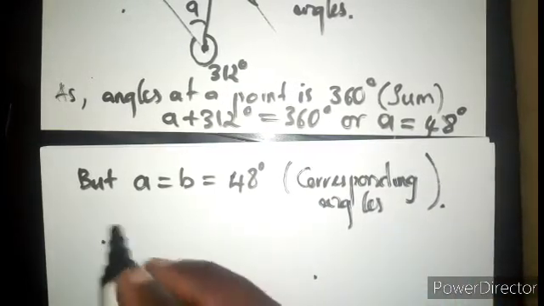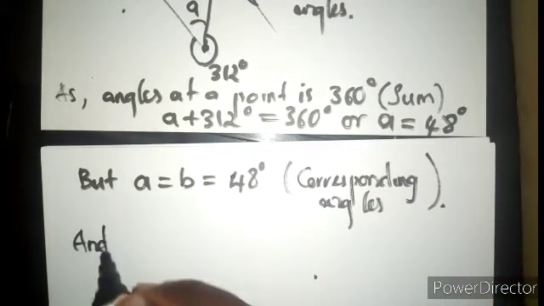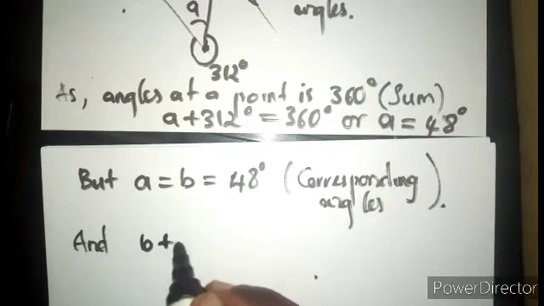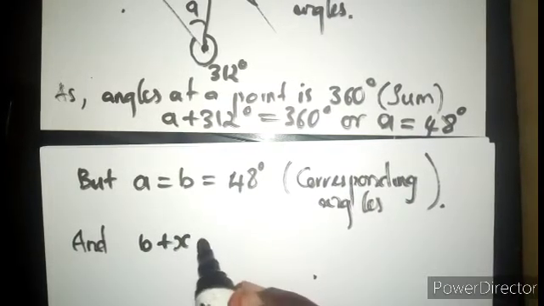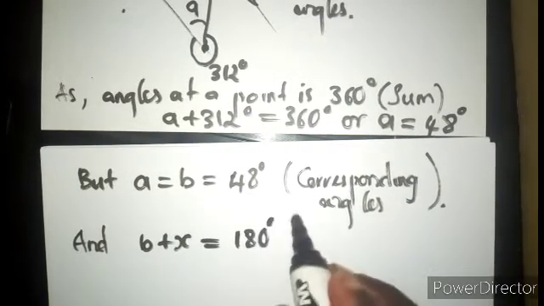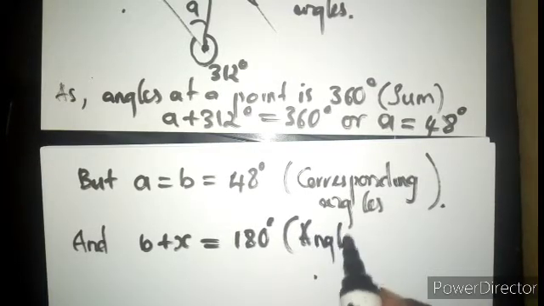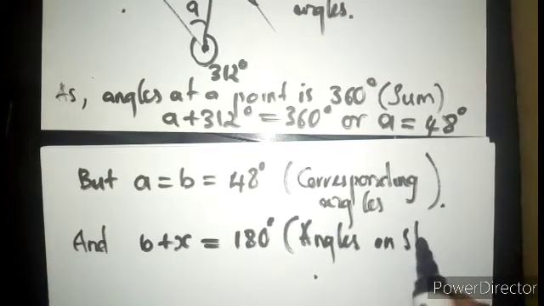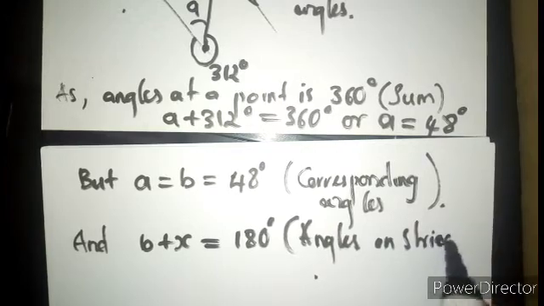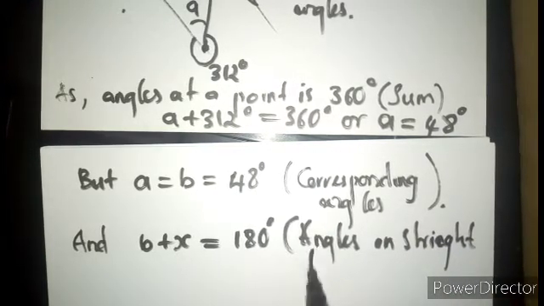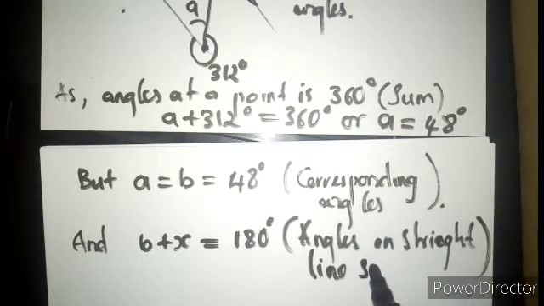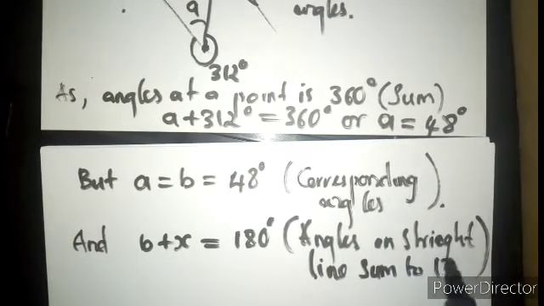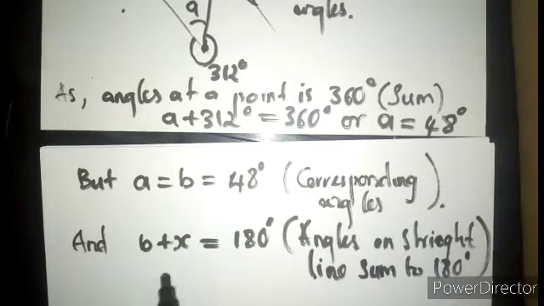And finally, we know that B plus C is equal to 180 degrees, angles on a straight line sum to 180 degrees.